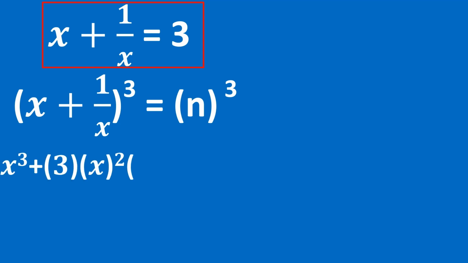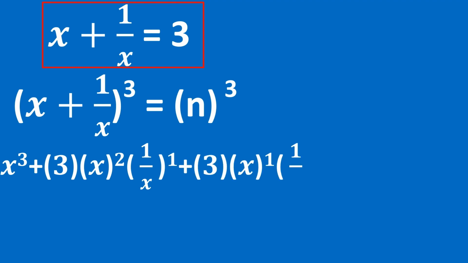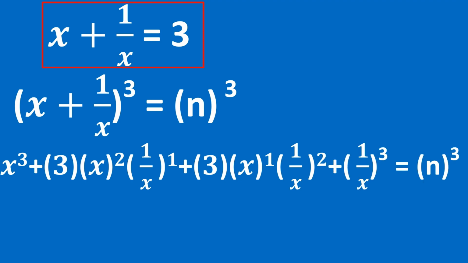When we expand this using the binomial expansion or using Pascal's triangle, in case you've not watched my video on the ease of expanding using Pascal's triangle, you'll see the link at the end. So when we expand the left-hand side, x plus 1 over x all raised to power 3, what we simply have is x raised to power 3, then 3x squared times 1 over x, then 3x times 1 over x all squared, plus 1 over x raised to power 3.